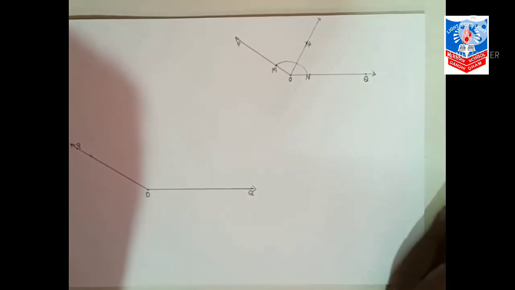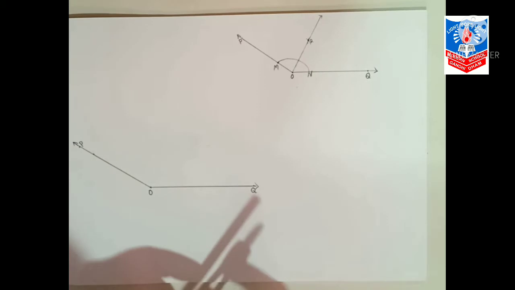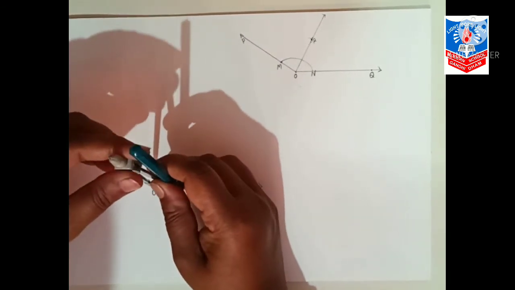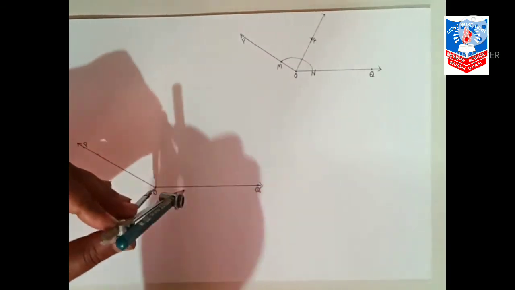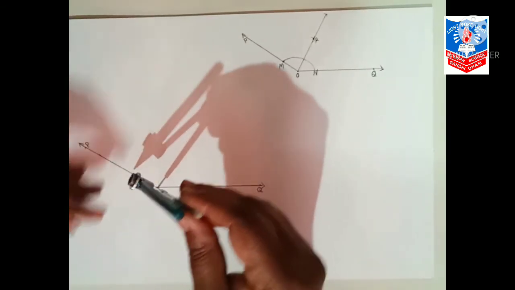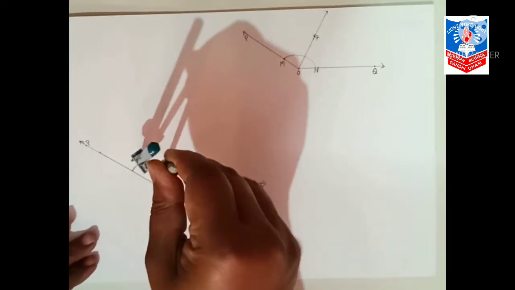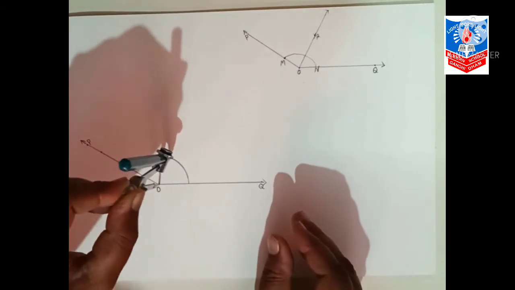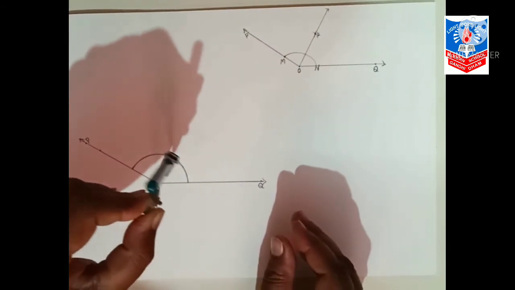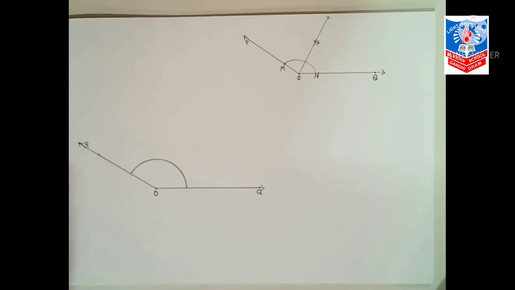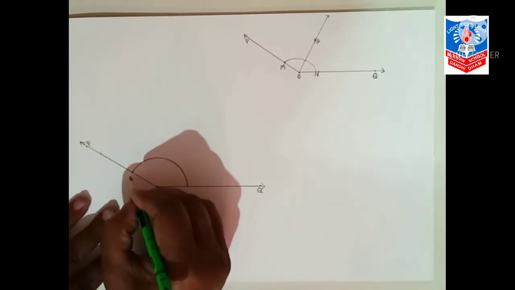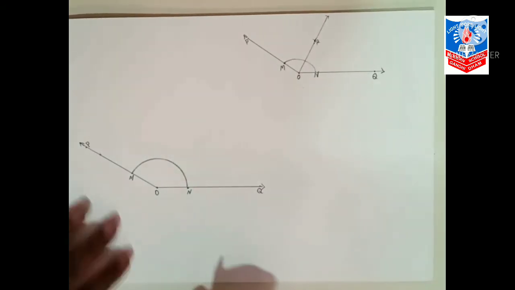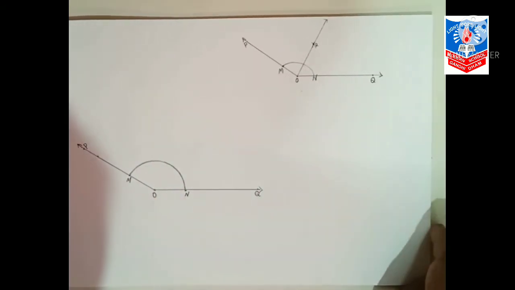Now what will we do? We have to bisect it. Now with center O and any radius, like this way, draw an arc. Now name the points M and N. Now we have to bisect this.